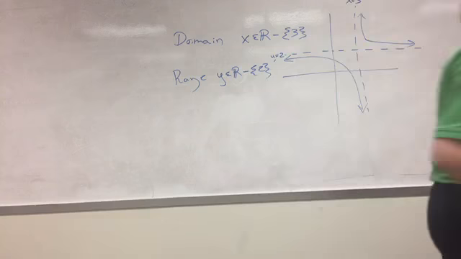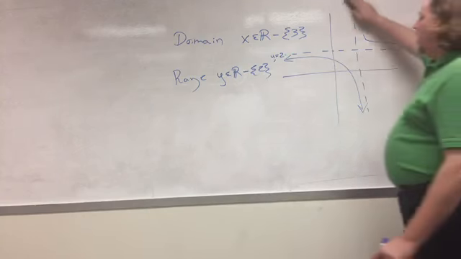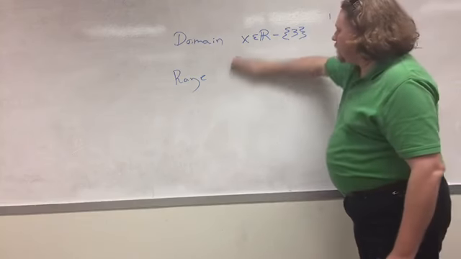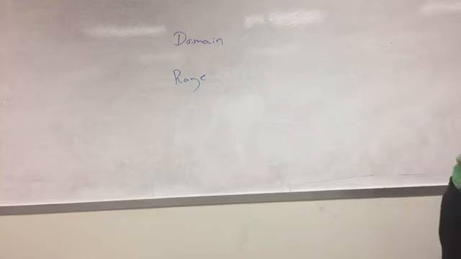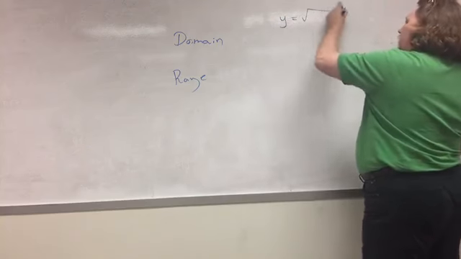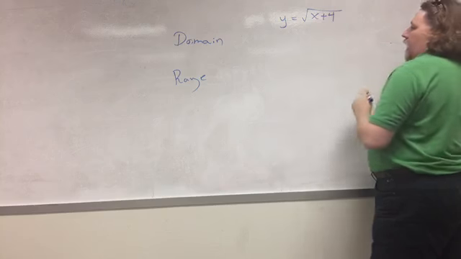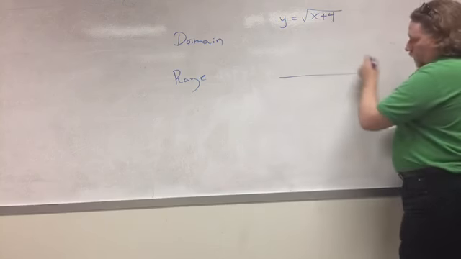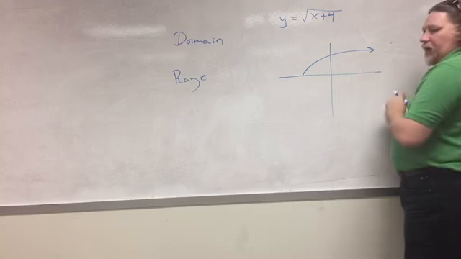Well, we might want to talk about graphs that stop. For instance, suppose I did the graph of y equals the square root of x plus 4. Well, go to your graphing calculator. You'll find that the graph looks like this.